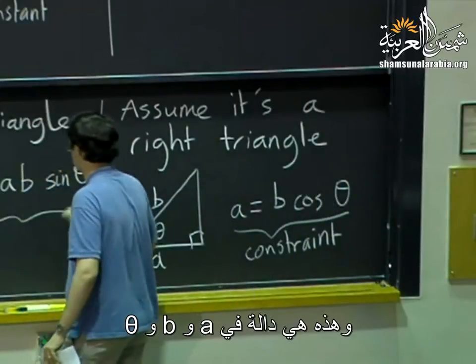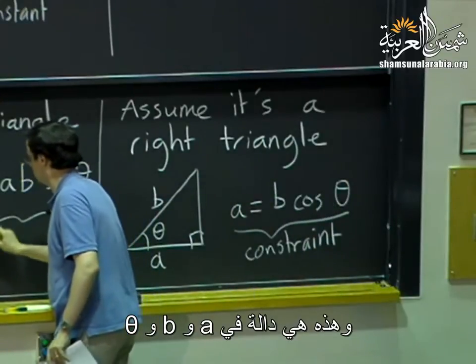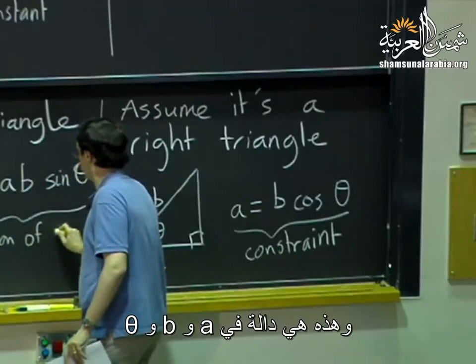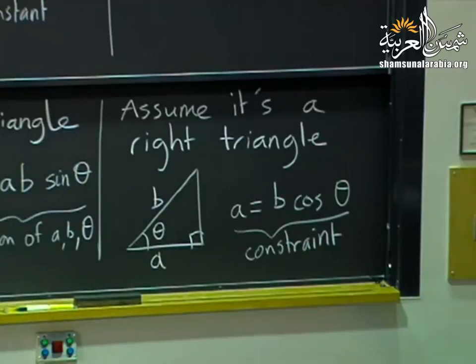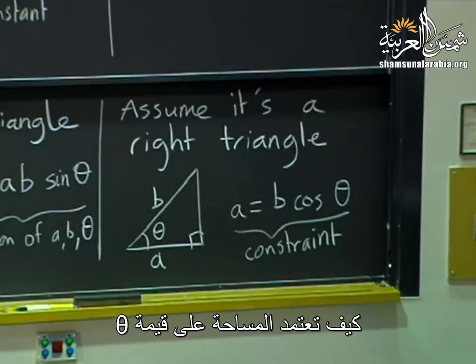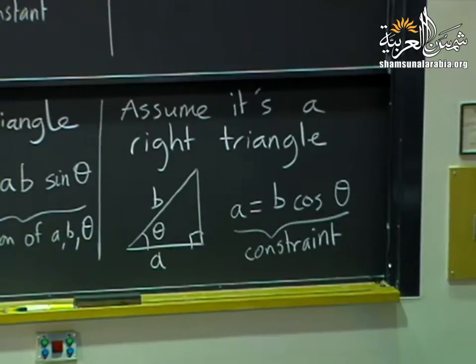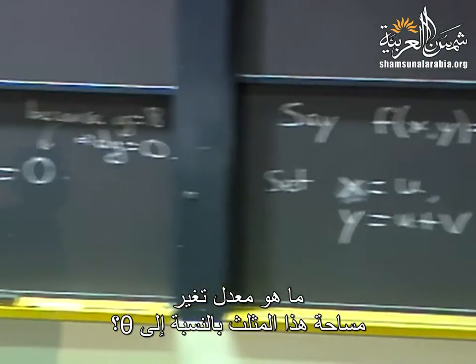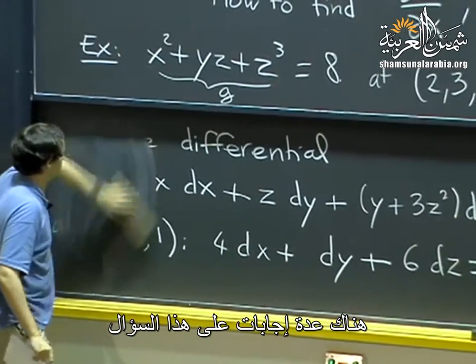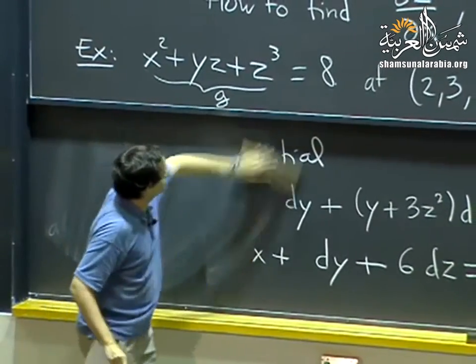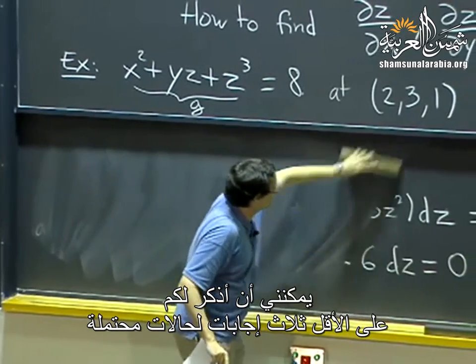And this is a function of A, B, and theta. Let's say that we want to understand how the area depends on theta. What's the rate of change of the area of this triangle with respect to theta? I claim there are various answers. I can think of at least 3 possible answers.